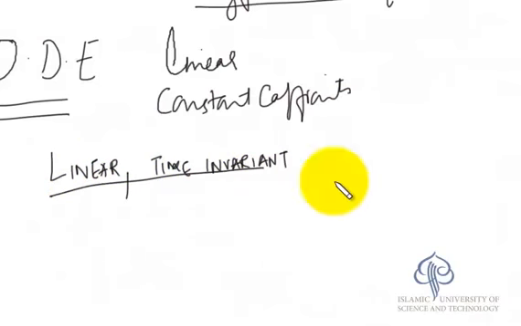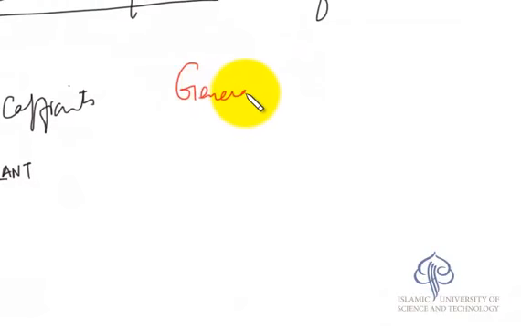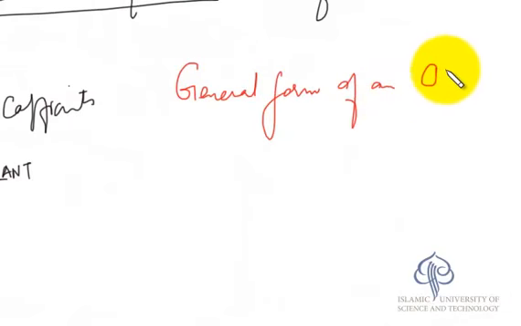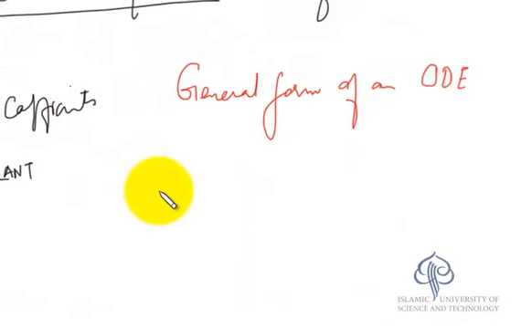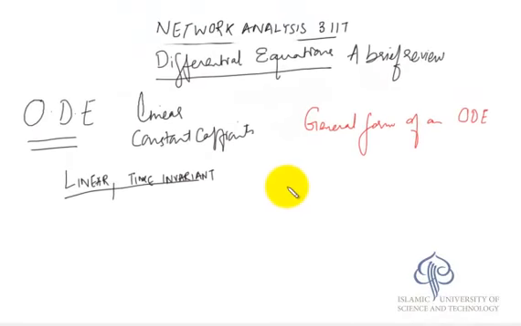So what is the general form? What is the general form of an ordinary differential equation? This is something that you have seen. Let us write it again. So an ordinary differential equation with constant coefficients can be written in general as a_n x^(n)(t), where x^(n) represents the nth differential of x, right?